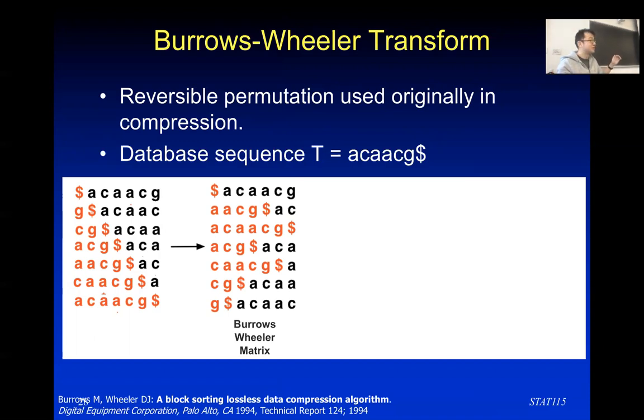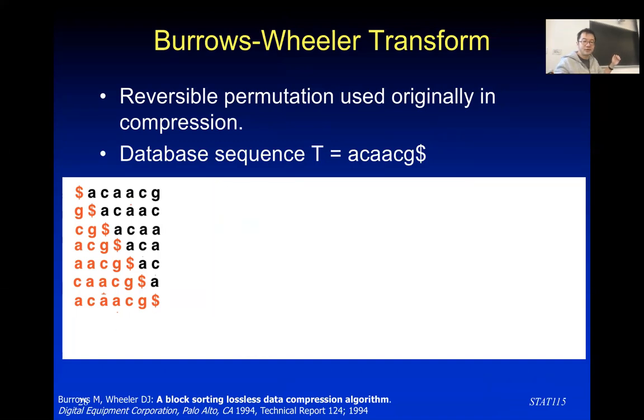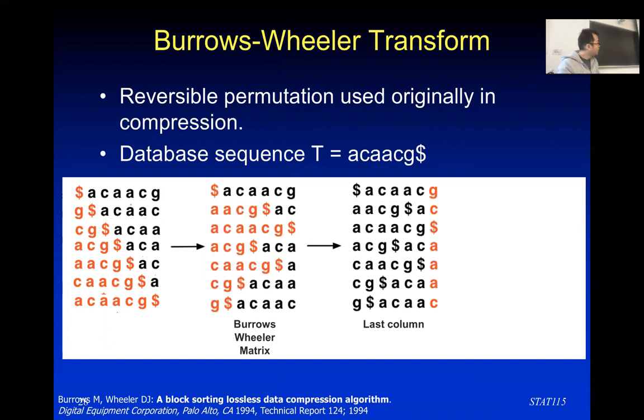This matrix is called the Burrows-Wheeler matrix, and it can be built using the suffix array. We are most interested in the last column, and we will see why. The result of the transform is that we only need the information of the last column. Based on the last column, we can reconstruct the original sequence, and we can also do the mapping and other magical stuff.